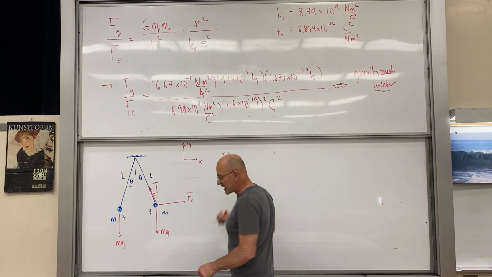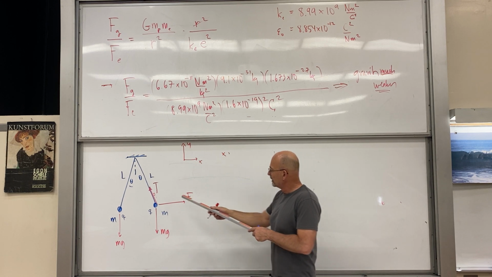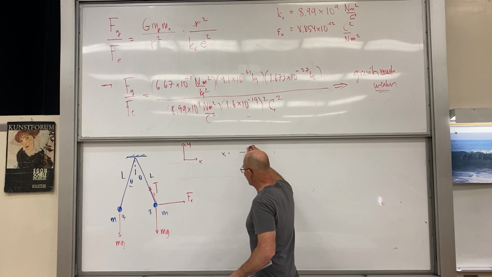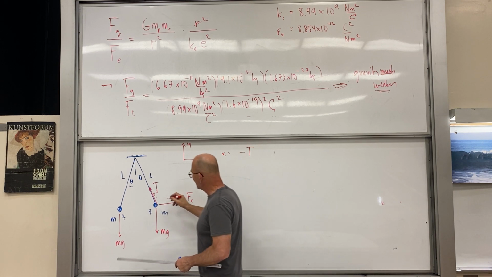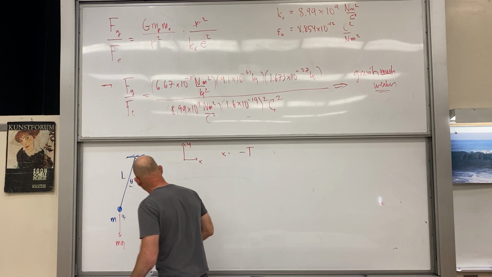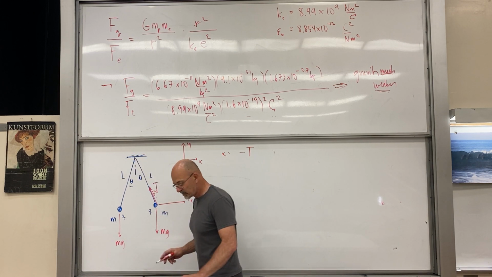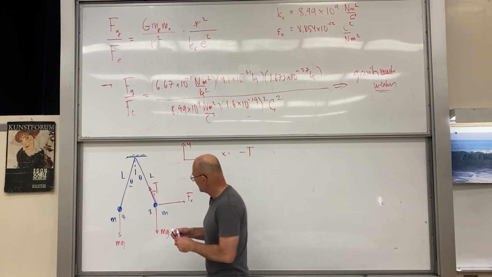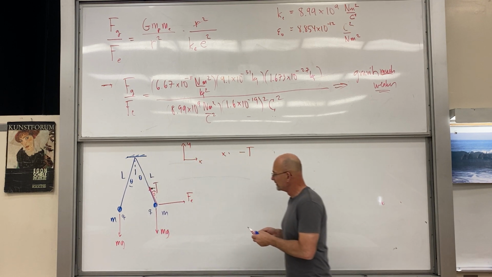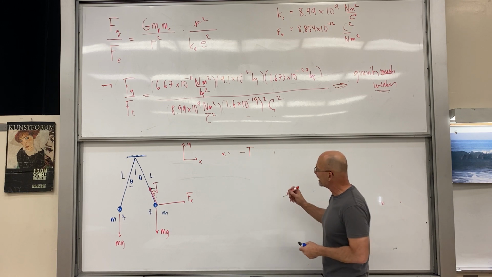So in the X direction, what do we have? Pointing to the left, minus tension sine of theta. That's minus T sine theta.